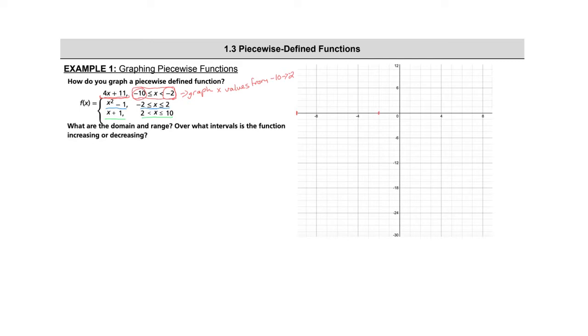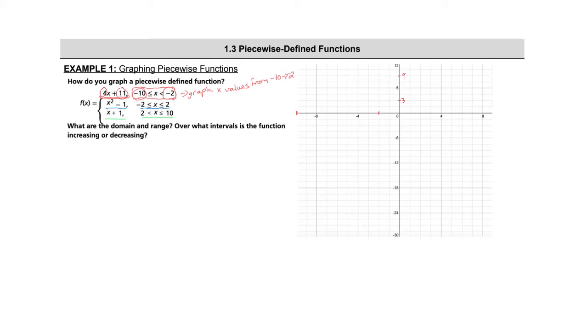All right, so what does 4x plus 11 look like? Well, if you think about it, it's a line with a slope of 4 and a y-intercept of 11. Right, this is 3, this is 6, 9.